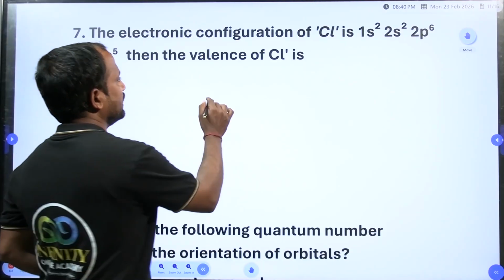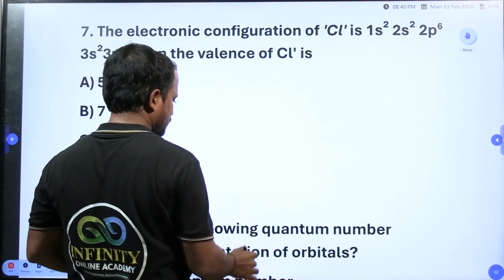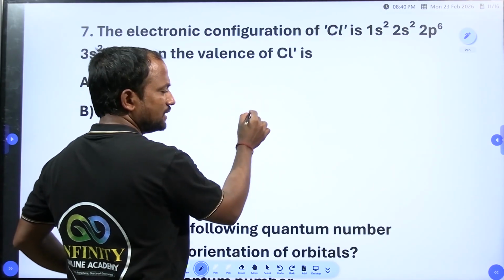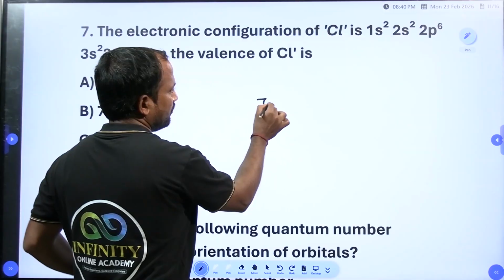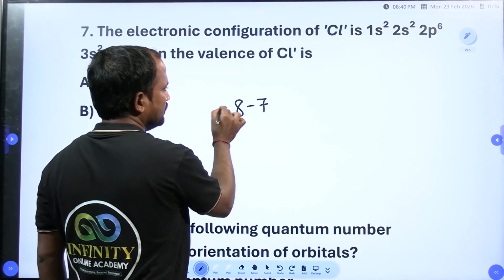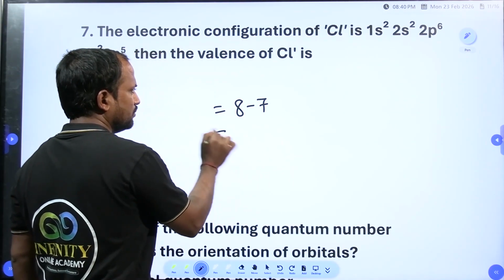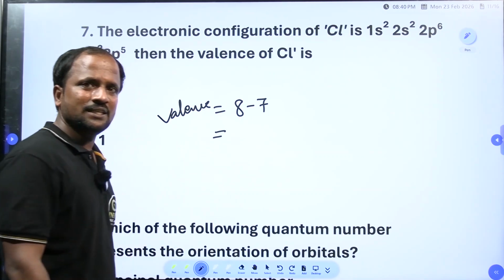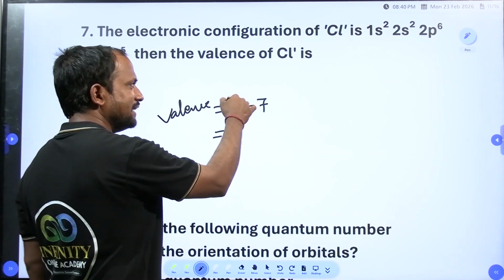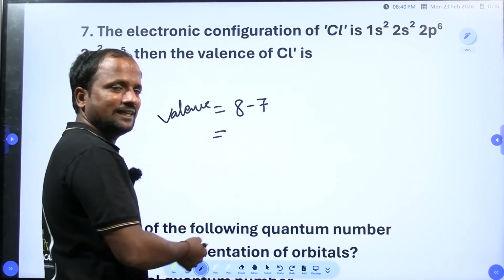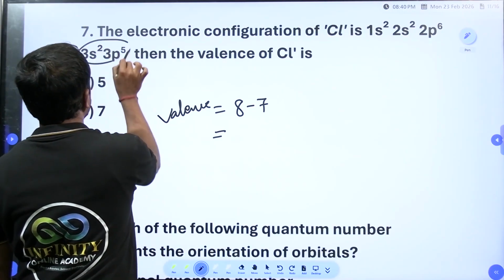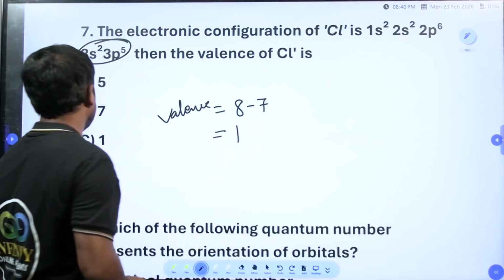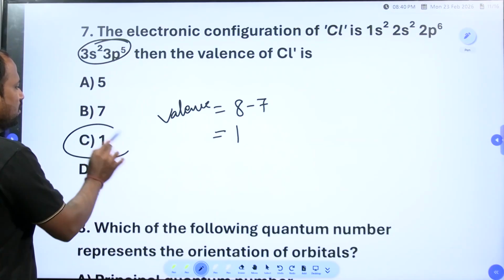Here valency is equal to 8 minus the valence electrons. Valence electrons are the outermost shell electrons, here 7. So valency is 8 minus 7, which is 1. So C is the answer.